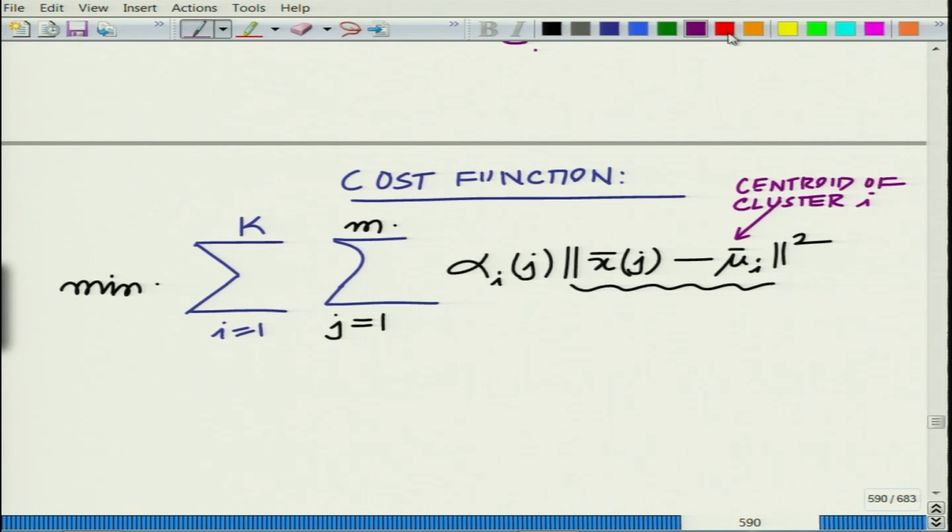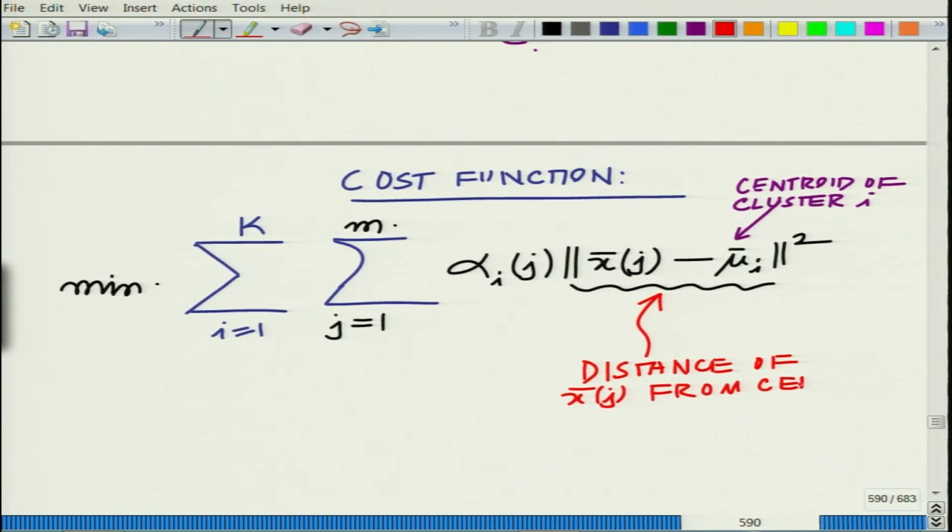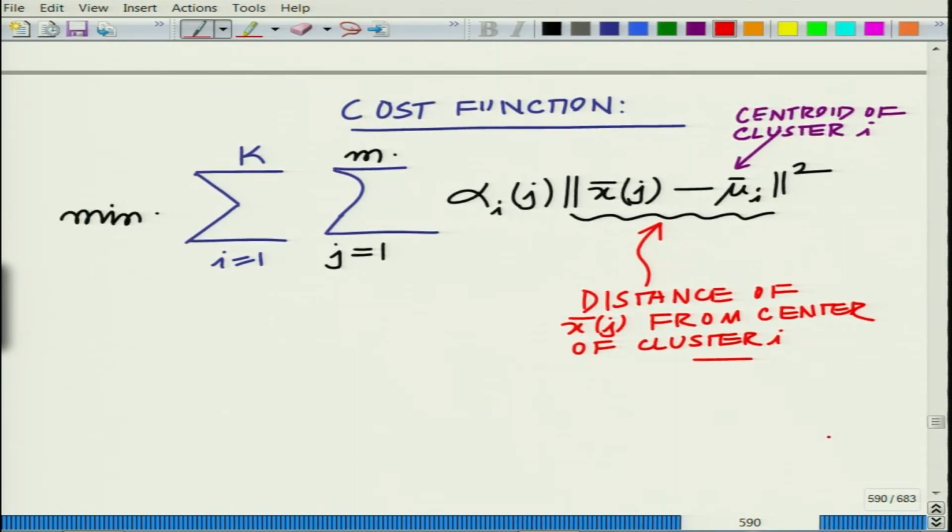So, this is essentially the square of the distance, or basically the norm is the distance, of x bar j from the center of cluster i.